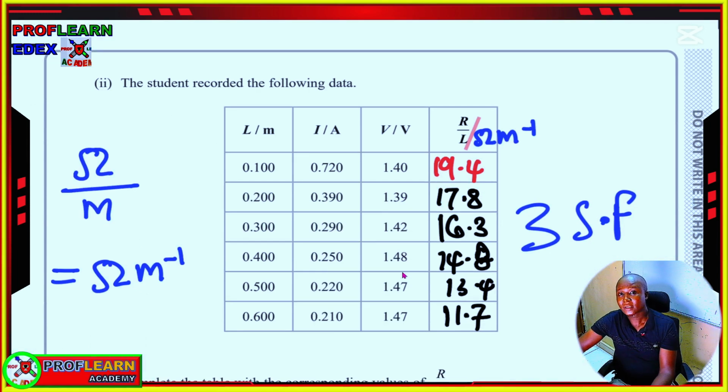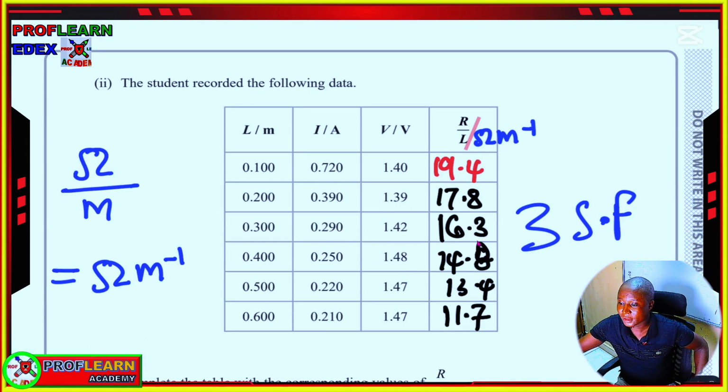Now, you are also going to fill in data on a table. Something that you need to realize is that these values are in 3 significant figures, so R over L that you calculate must also be given in 3 significant figures. Be consistent in the number of significant figures. You check on this section and record that to 3 SF.